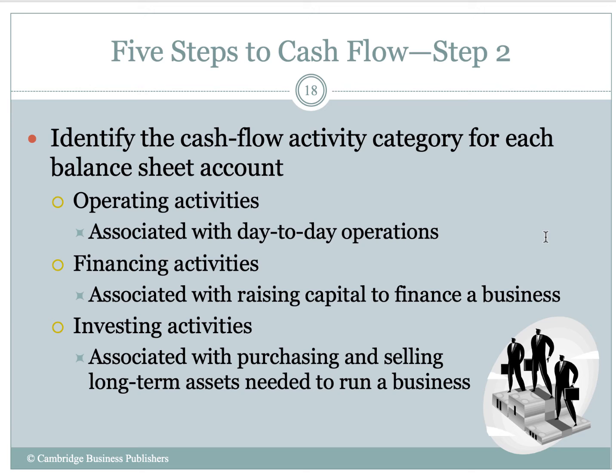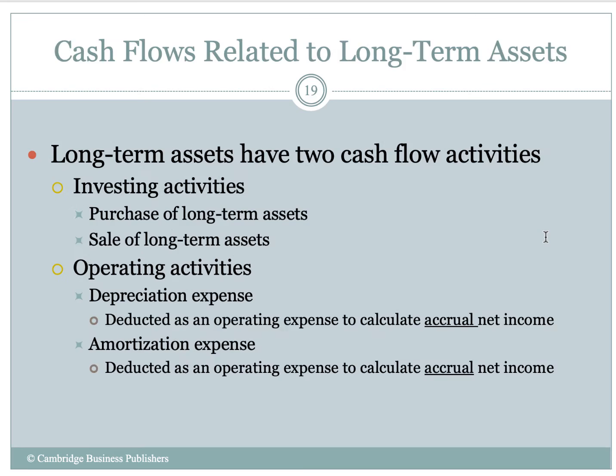Financing activities are associated with raising capital to finance the business. Are we issuing stocks, bonds, things like that? Investing activities are associated with any sales or purchases of any long-term assets that we actually use to run the business. So we call these revenue producing assets, right?